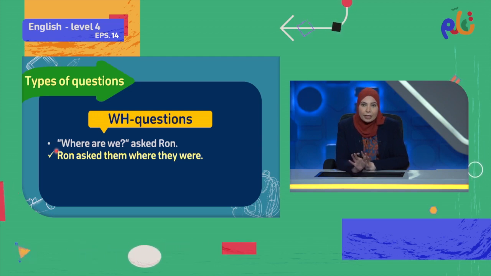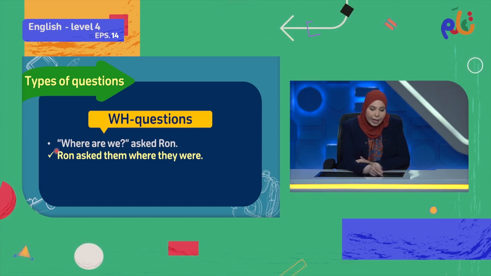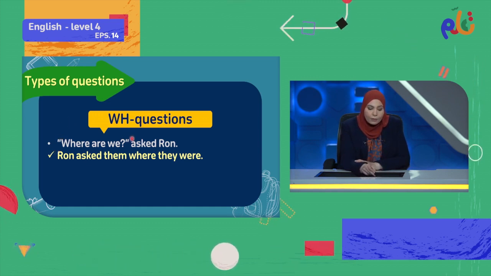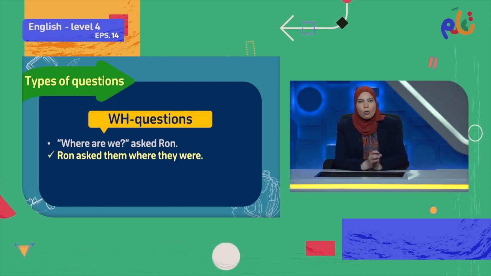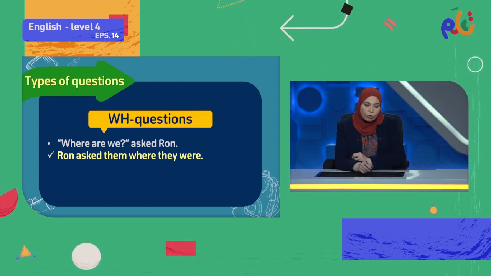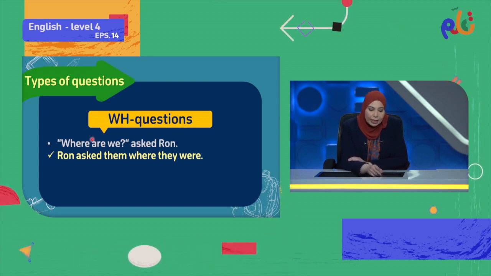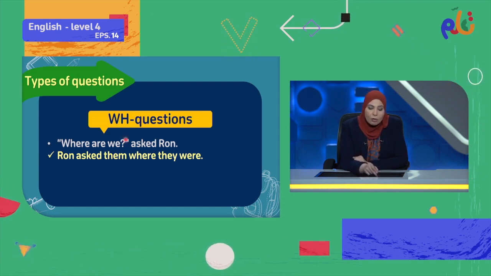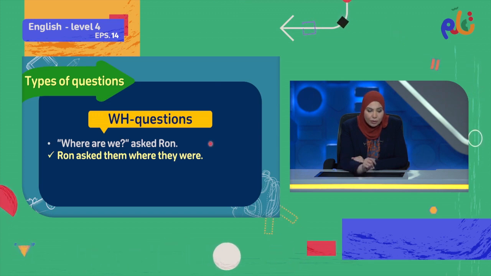Lots of changes are happening here. Number 1, we removed the quotation marks and it became one statement altogether. Number 2, I used the question word here as a linking word. Number 3, the question mark is removed and I switched it into a statement.